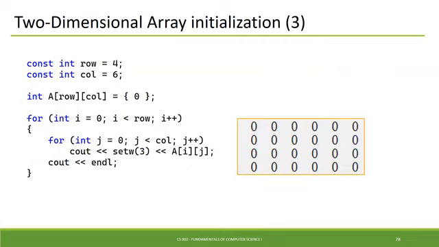Guys, look at this one. It is very important to know about the garbage value. So int A, int B[5]; let me have a small array, and int B[2][4]. Look at this one. Here A has a garbage value, right?